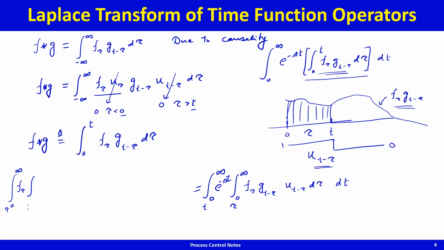The inner integral is over time t from 0 to infinity, with e to the power minus st and g of t minus tau into u of t minus tau, dt, and then d tau.